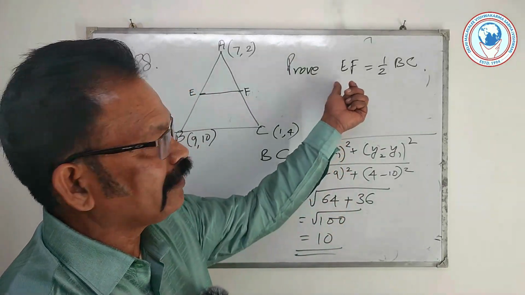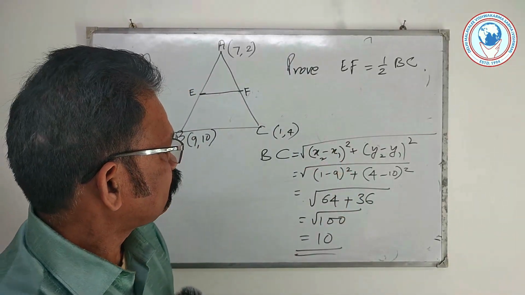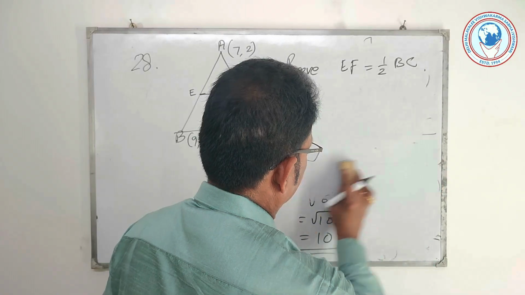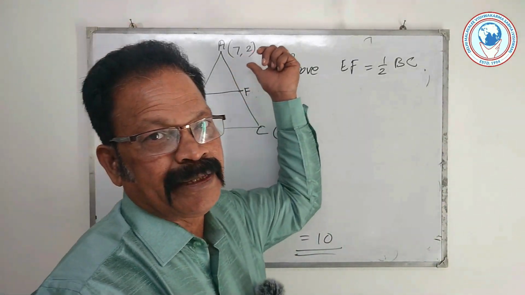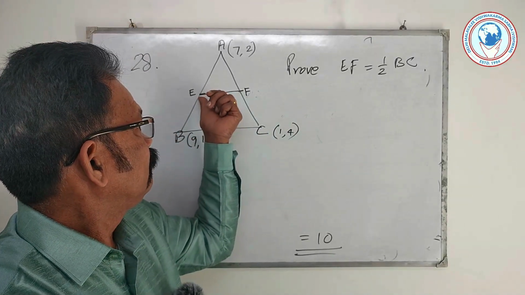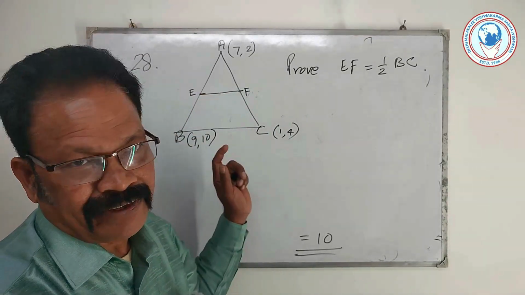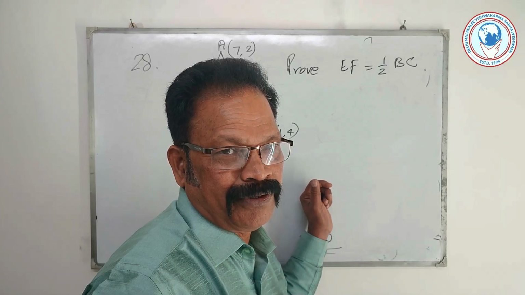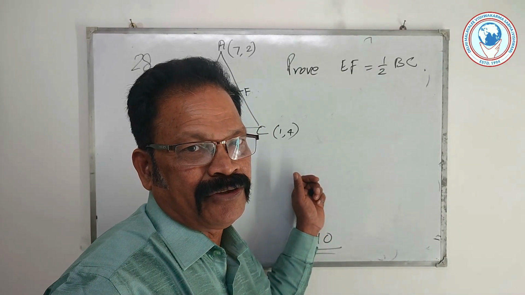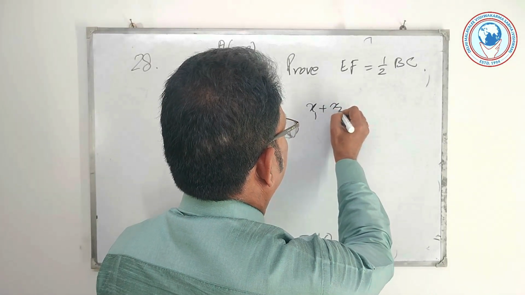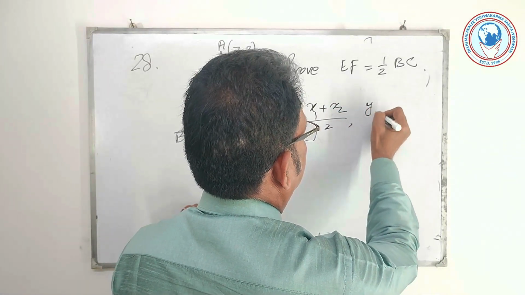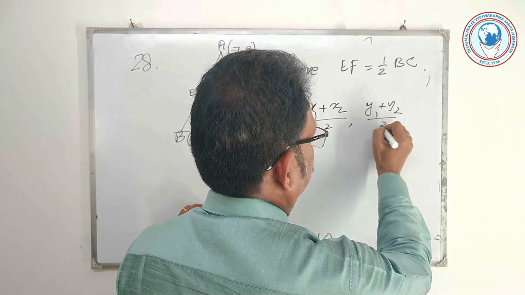Now to find the length of EF also. Since E is the midpoint of AB, find the coordinates of E. If x1, y1 and x2, y2 are 2 points, the midpoint of the line joining them is given by x1 plus x2 by 2, y1 plus y2 by 2.